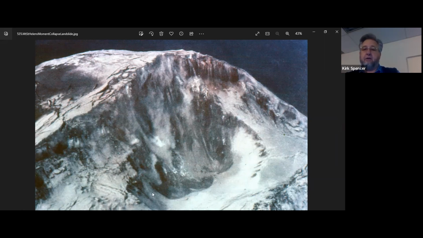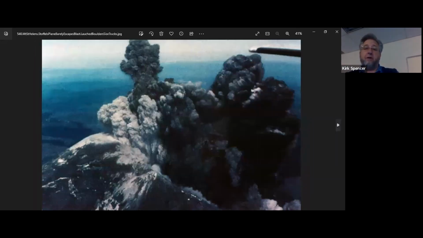You can even see the crater as it's moving down the side of the mountain. The people in the prop plane that took this photograph just happened to be going in the direction opposite the blast. If they had been turned around 180 degrees, they would have died, but they were able to escape the initial blast.